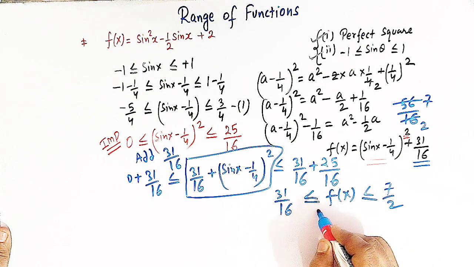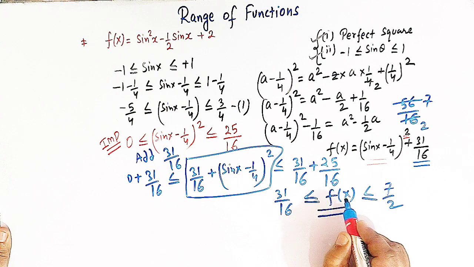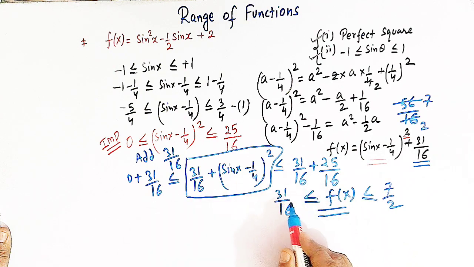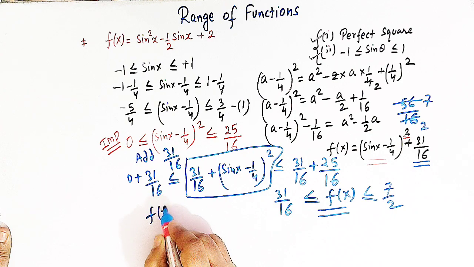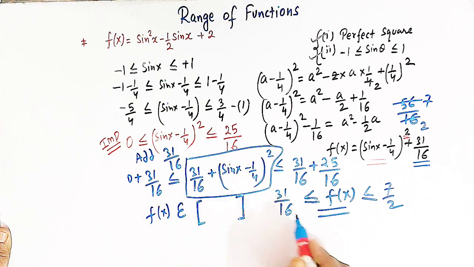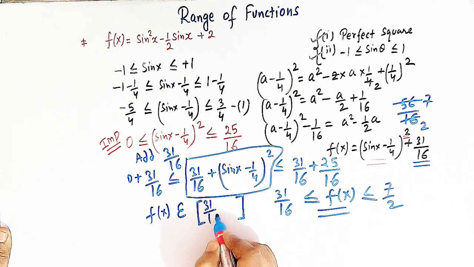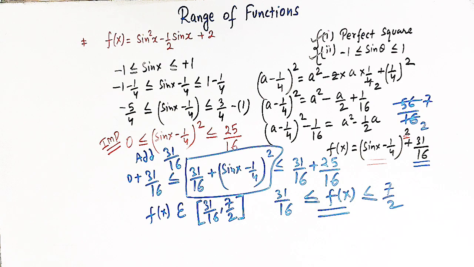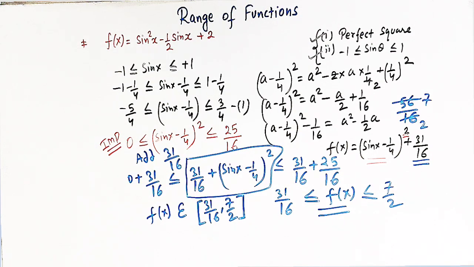From this inequality, we can conclude that our function f of x has the range from 31 by 16 to 7 over 2. So we can write f of x belonging to the closed interval 31 over 16 to 7 over 2. So viewers, this is how we can find out the range of functions.